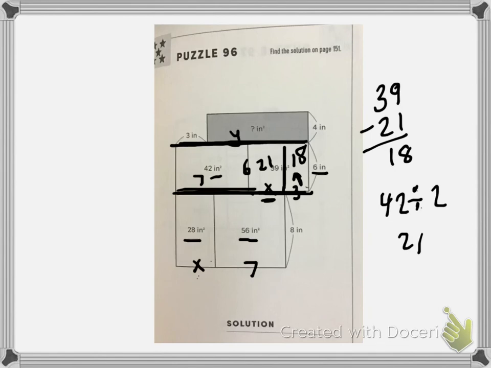And since this makes a rectangle, opposite sides would be equal here. So 3 inches plus y is the same as 7 inches plus x plus the 3 inches. So we can get rid of these two 3 inches on either side, just chop them both off.